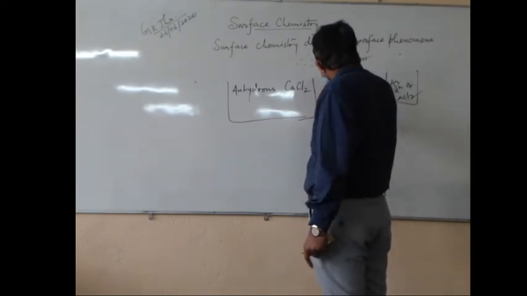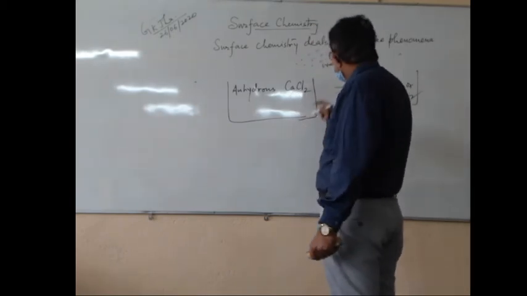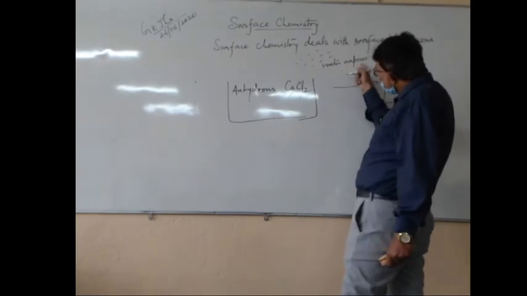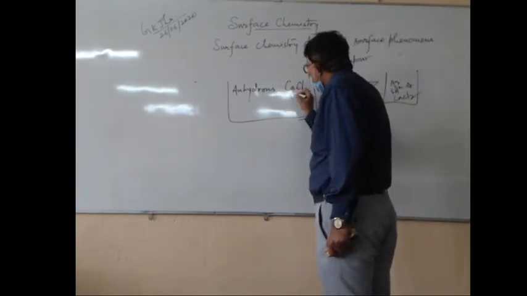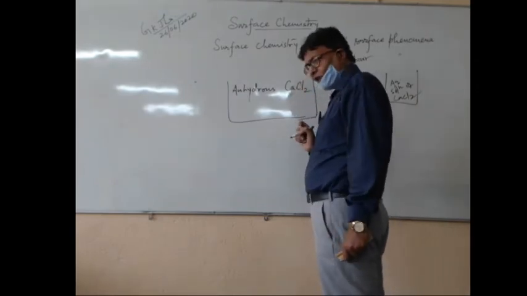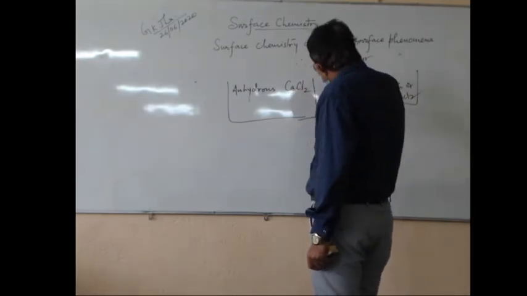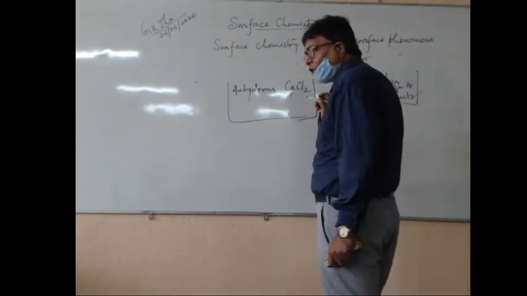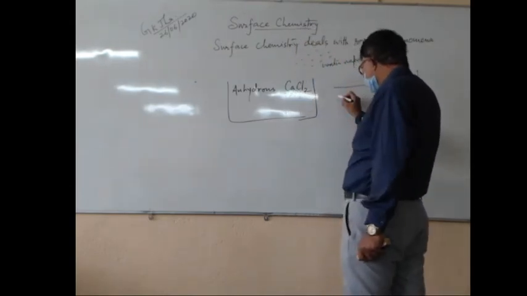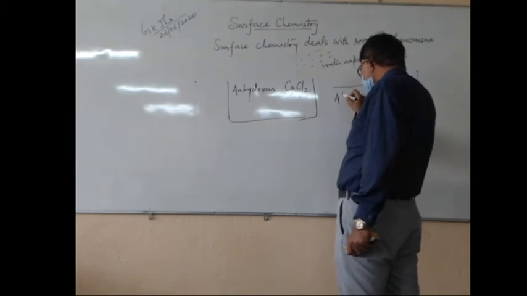There is uniform concentration of water vapor in anhydrous calcium chloride. It is not stuck at the surface only. This is a bulk phenomenon, and this we call absorption.